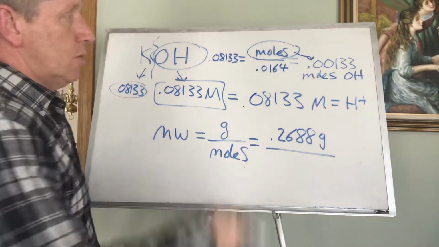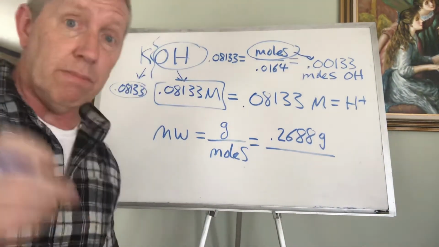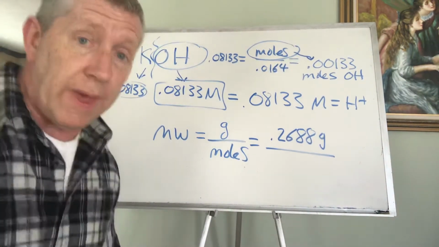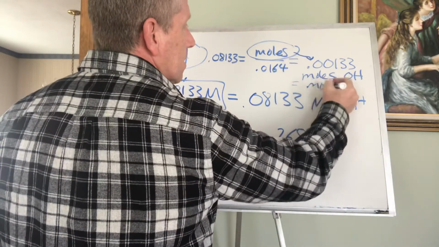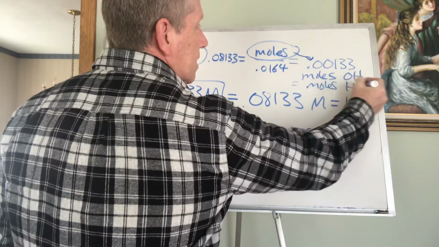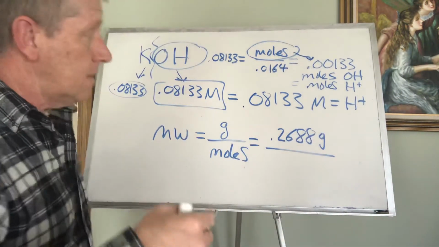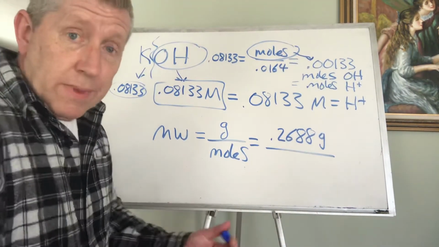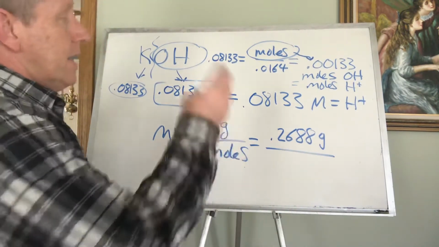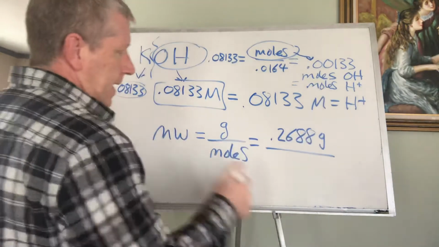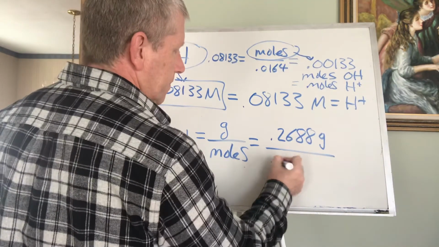That means that I used 0.00133 moles of hydrogen to do that. So I now know how many moles of the acid was used, how many moles of the hydrogen was used to do the neutralization. Now that I know moles of the hydrogen, I can go ahead and put that down below.